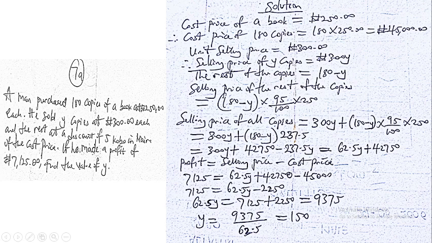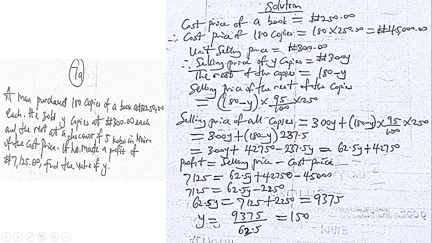So what will now be the selling price of the y copies? That will be the selling price of one book multiplied by the number of books sold, and we are told that he sold y copies.